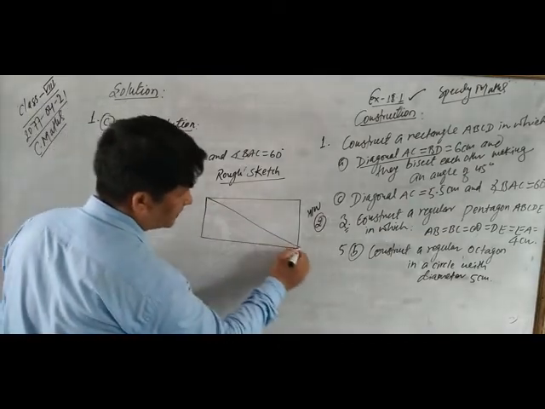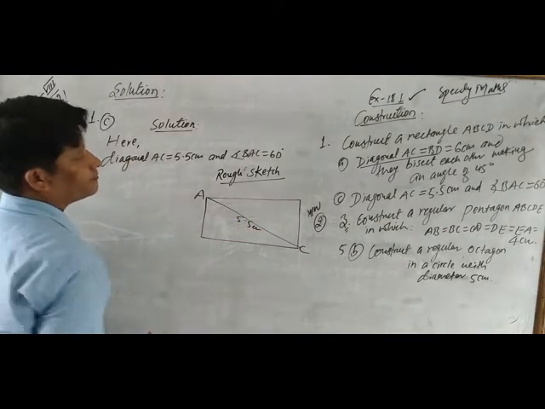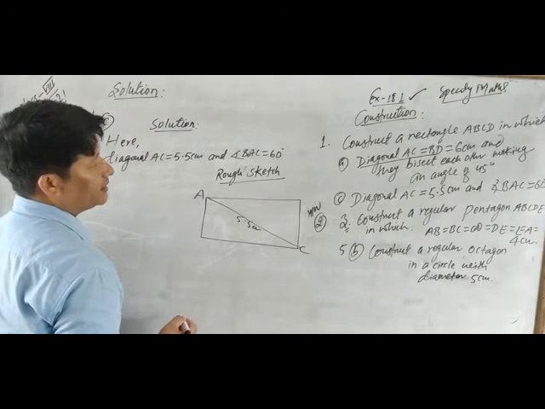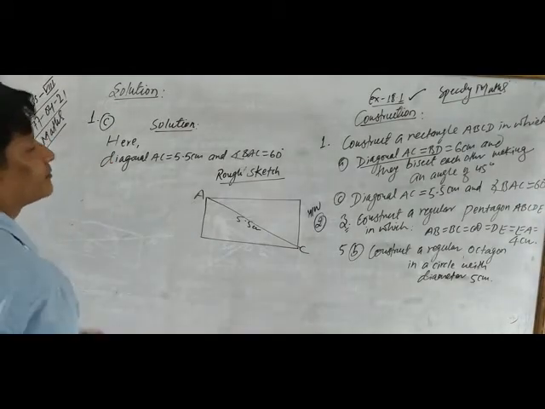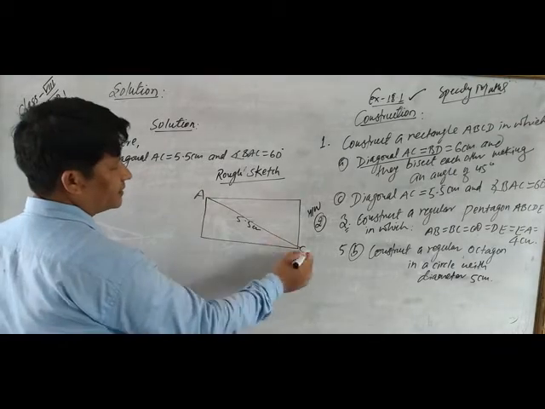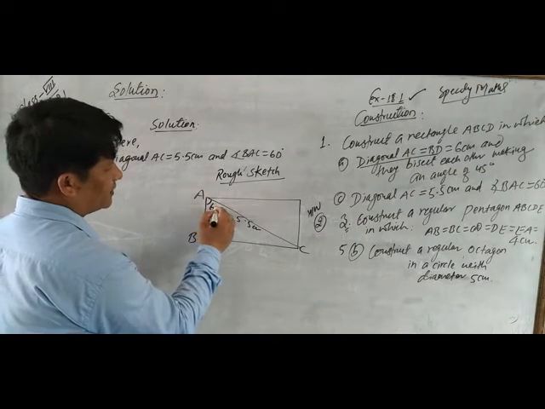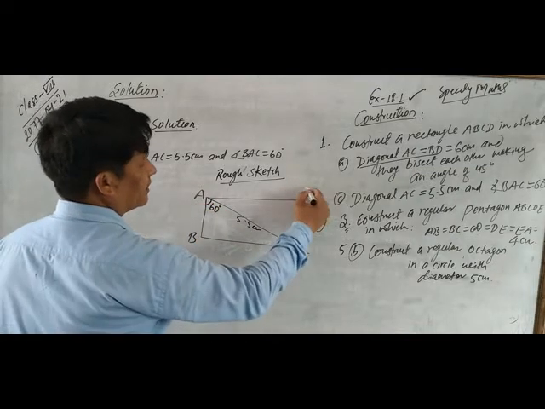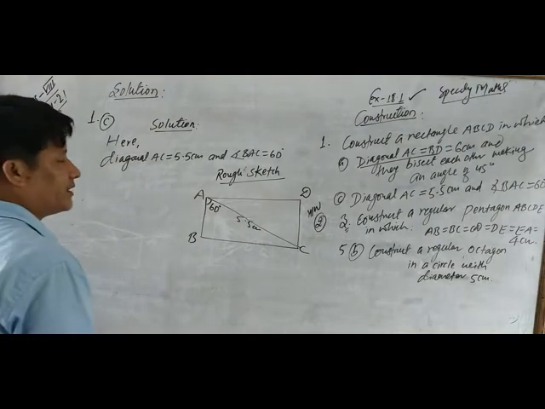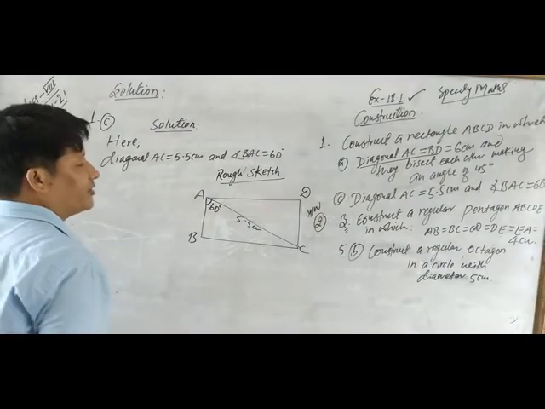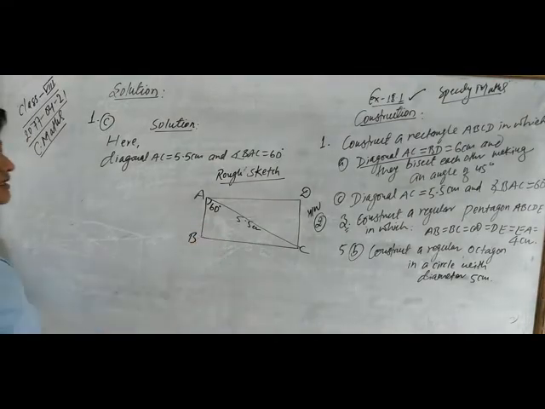Take the line AC, 5.5 cm, and angle BAC, this one is 60 degree, and this one is D. Okay, dear students, you can construct this type of rectangle.